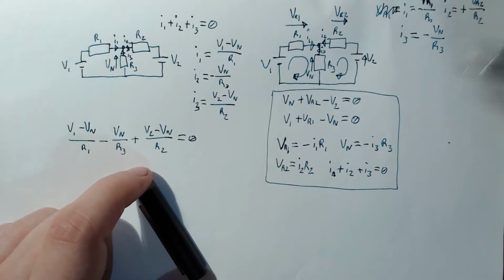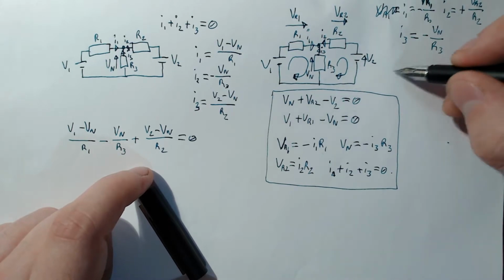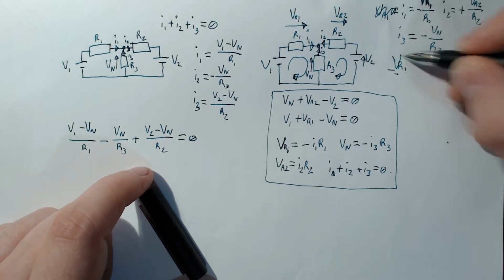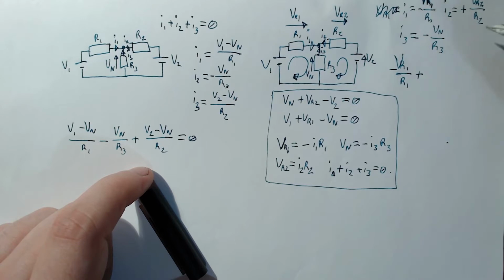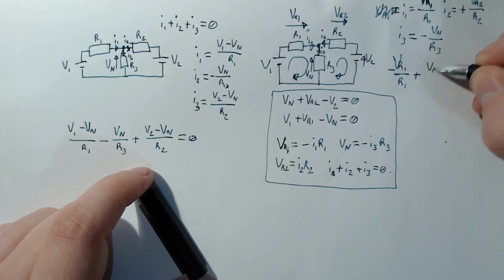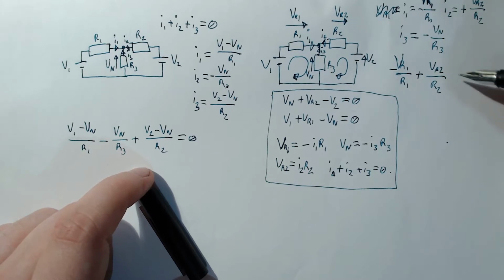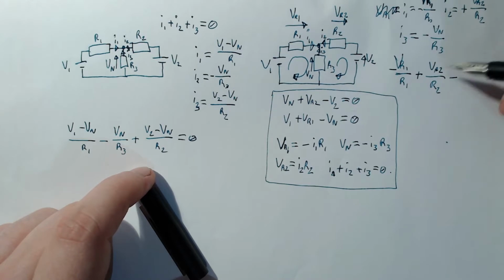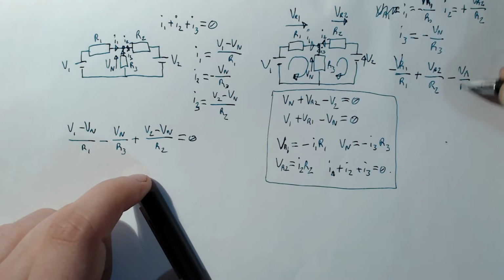Now we put these into this equation, we get minus VR1 over R1 plus VR2 over R2 minus Vn over R3 equals 0.